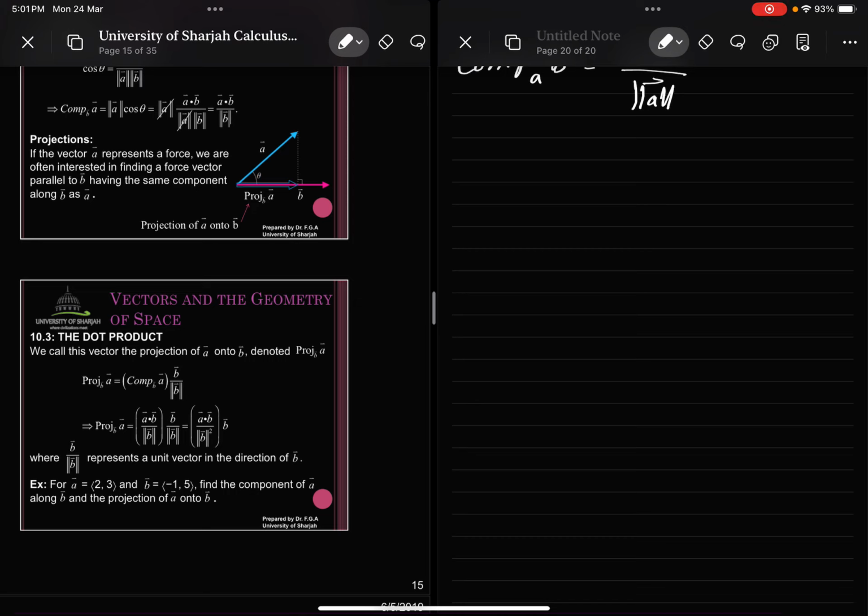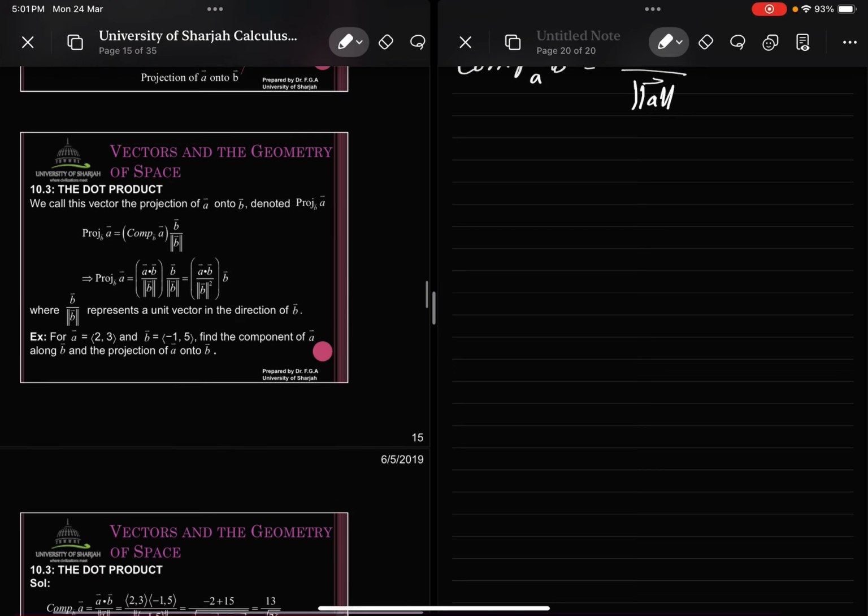If the vector A represents a force, we are often interested in finding a force vector parallel to vector B having the same component along vector B as vector A. So we call this vector the projection of A onto B, denoted projection along vector B.